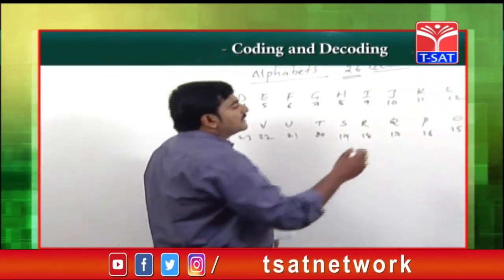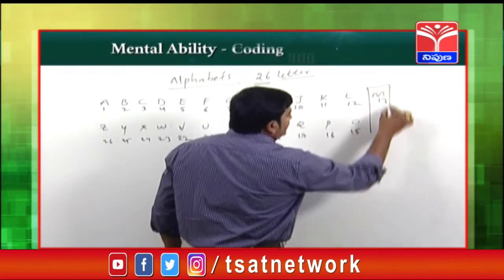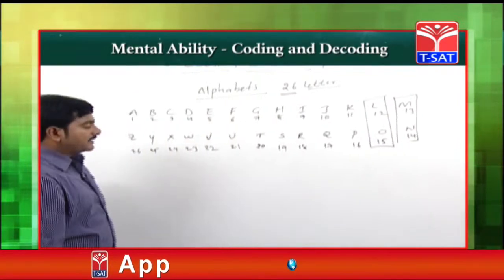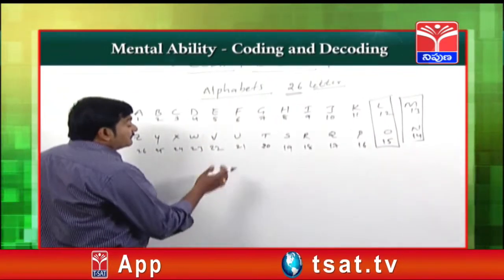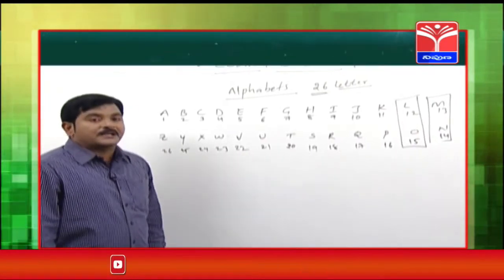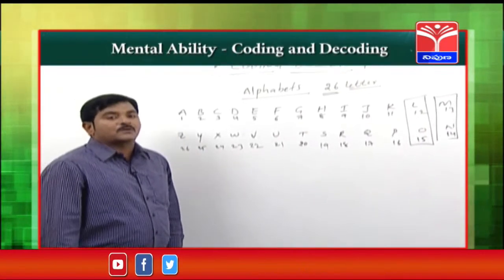Now, as everybody knows, there are 26 alphabets in English. But in our analytical ability, logical reasoning part, there are many alphabets, not only 26.